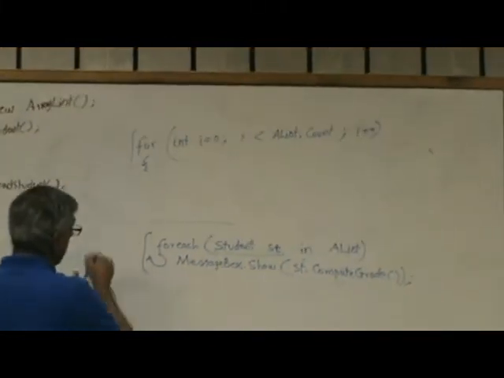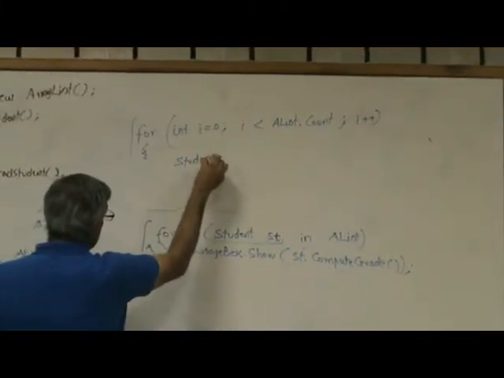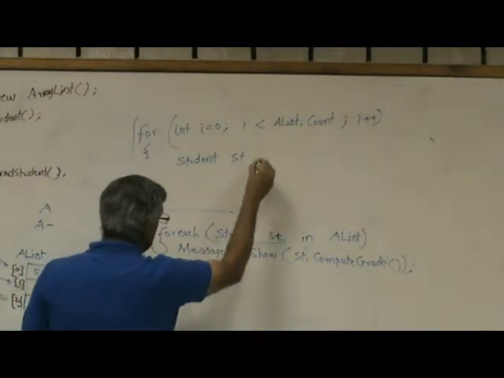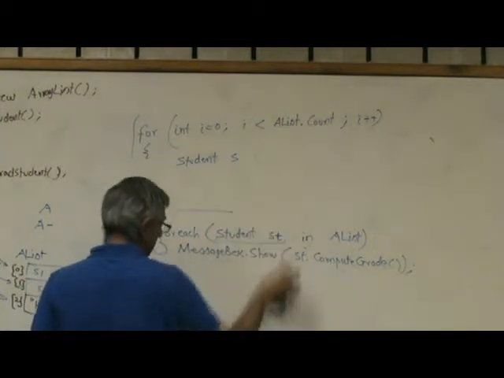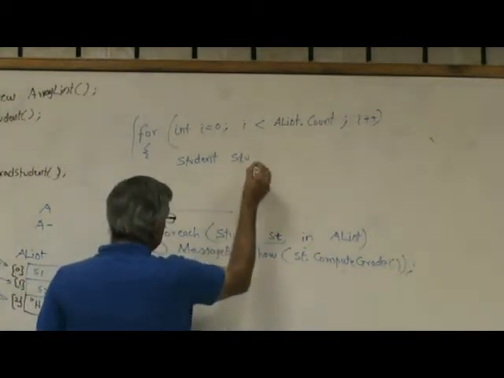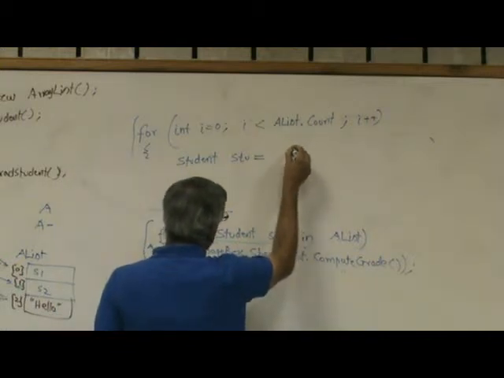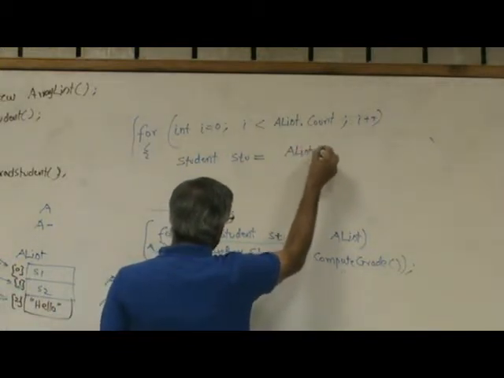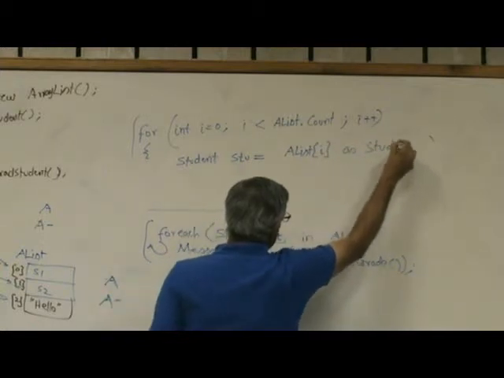Here you will say, for example, you can do student ST, well, let me call it student STU so that you don't get confused, equal to A list of I as student.